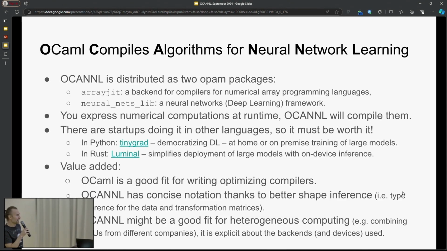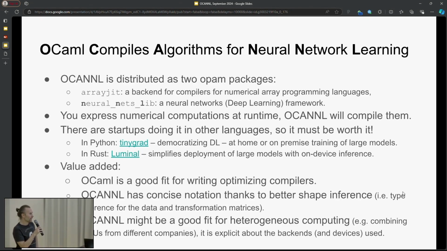So what does OCANNL bring to the table? It has quite powerful shape inference, meaning inferring the dimensions of matrices. It has more expressive shape representation than the run-of-the-mill approaches, and type inference is as powerful as I could think of.